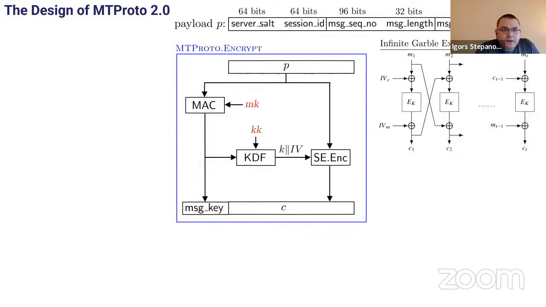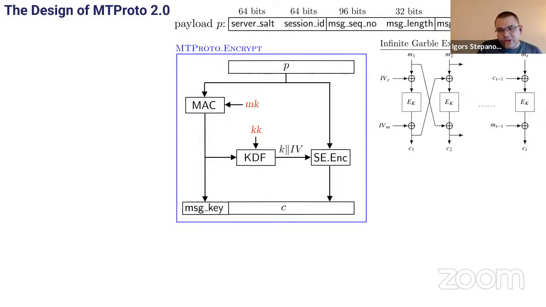Now let's continue with the design of MTProto. The symmetric encryption scheme that is used here is actually the infinite garble extension mode, IGE, based on AES-256. IGE is not a commonly used mode of operation, and there is some prior work showing that IGE does not satisfy certain security notions.